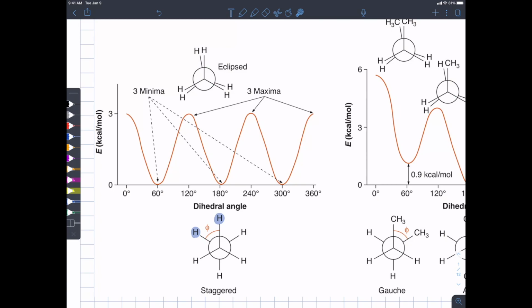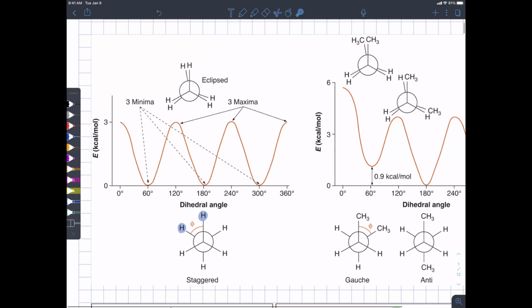A transition state is referred to as a stationary point. That means if you move any of the atoms in any direction, it wants to go back to what it was, except for the direction that corresponds to the reaction. So in this case, that's rotation around the carbon-carbon bond.